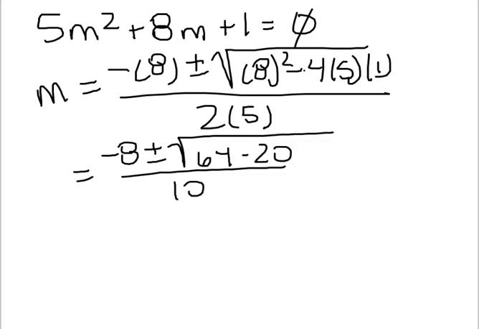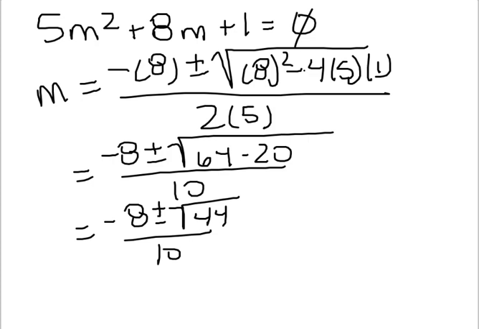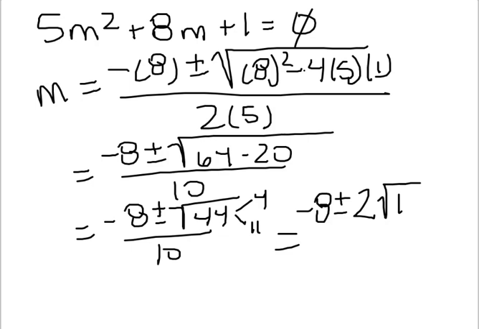And that equals negative 8 plus or minus square root of 64 minus 20 over 10, which gives us negative 8 plus or minus the square root of 44 over 10. 44 is 4 times 11, and 4 is a perfect square. So this gives us negative 8 plus or minus 2 radical 11 over 10.